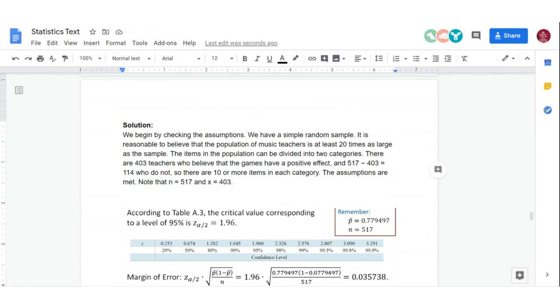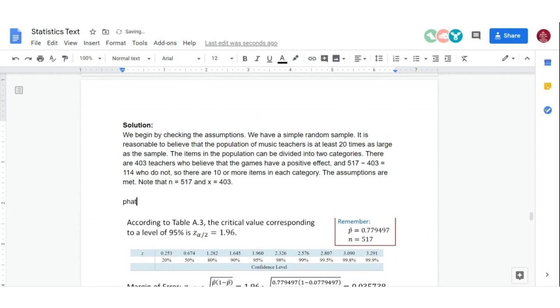Now, we've got 517 and 403. That allows us to calculate the p-hat. It's 403 over 517.